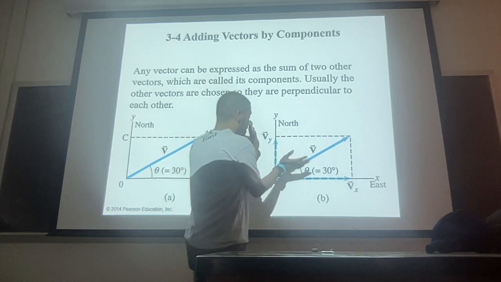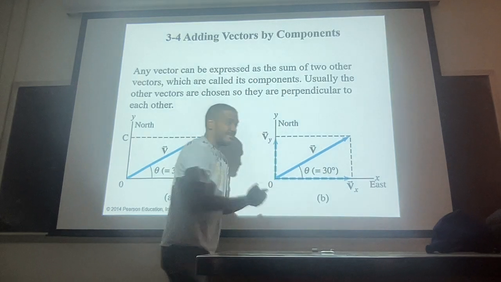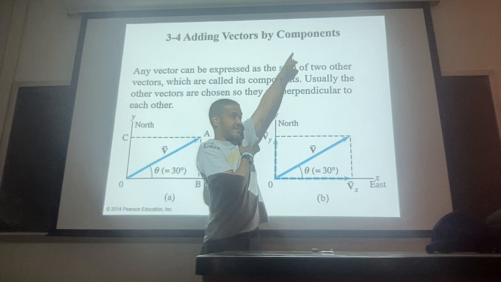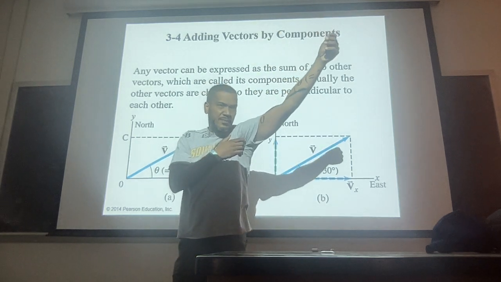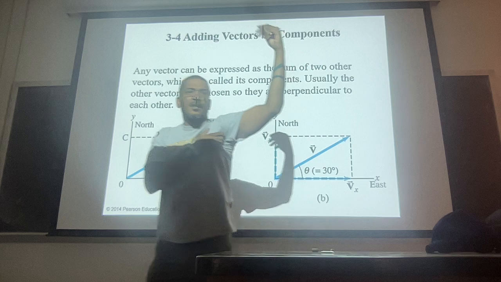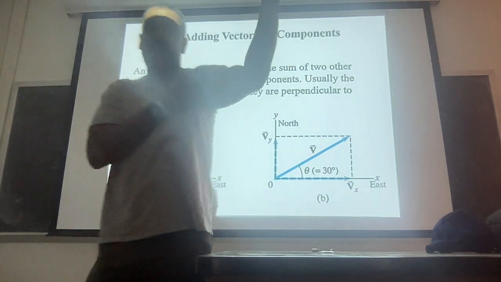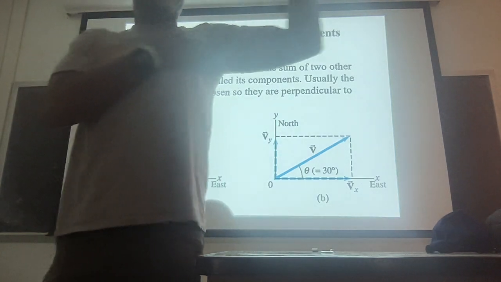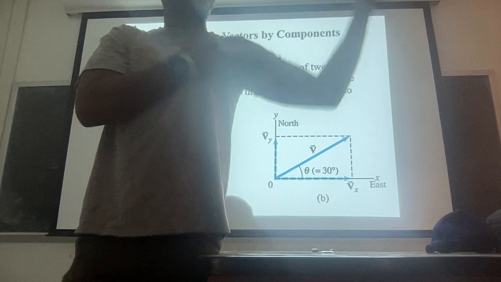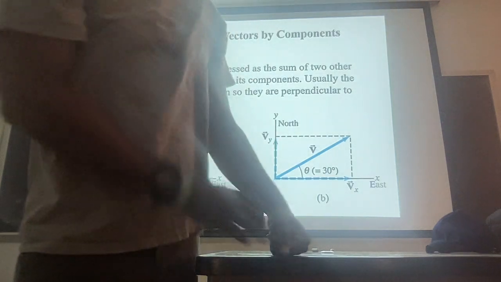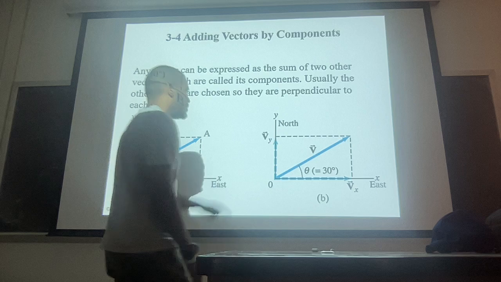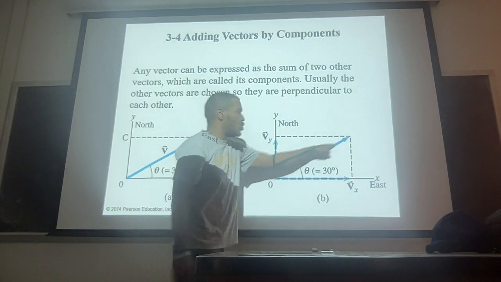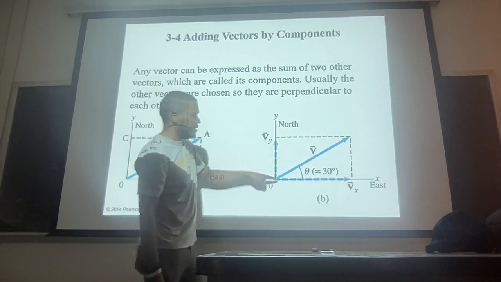It's going to be split into components. What is a component? What does it mean to be a component of something? A part. So just that component by itself only makes a part, meaning it's not the whole story. It's only a part. This is the whole story. This is one part. This is the other part.